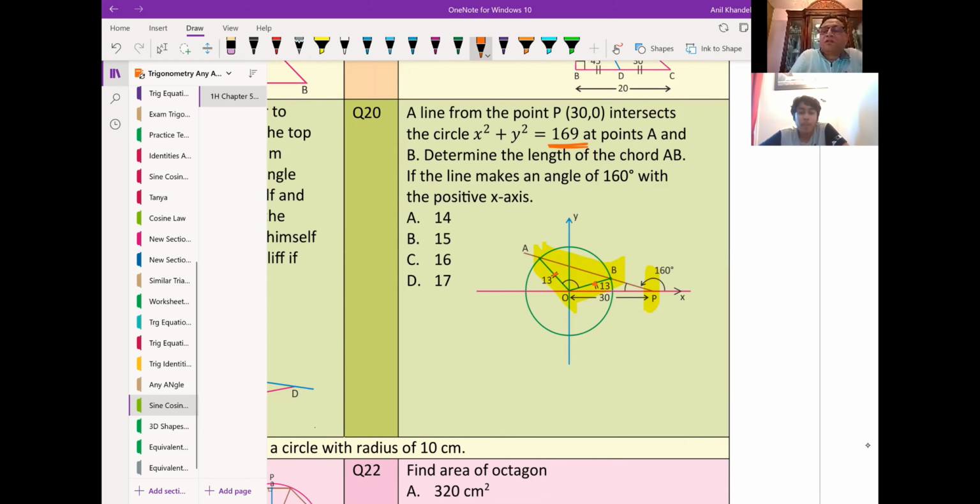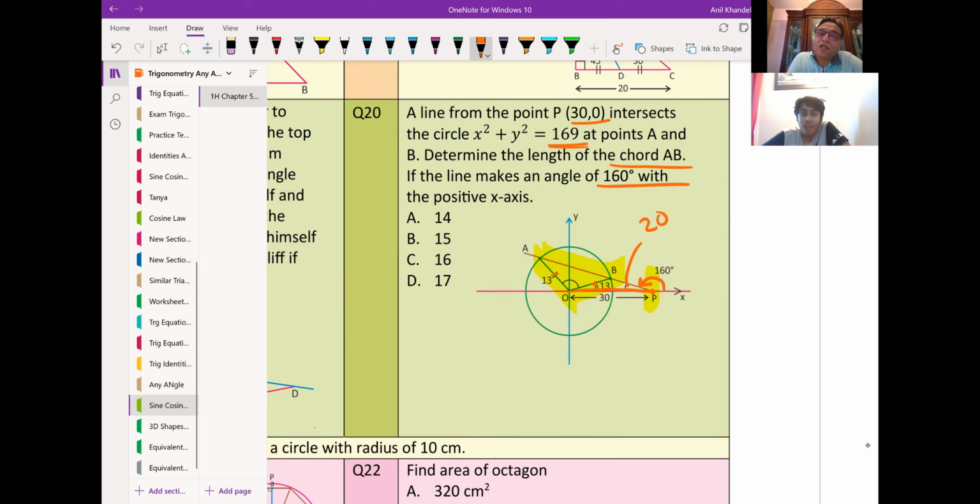The point given to us as (30, 0) means the horizontal distance is 30, because that is the x value. So we know the distance O to P is 30. We are given 160 degrees as the angle made by the line with the axis. Since that is 160 degrees, the small angle should be 20 degrees, 180 minus 160.